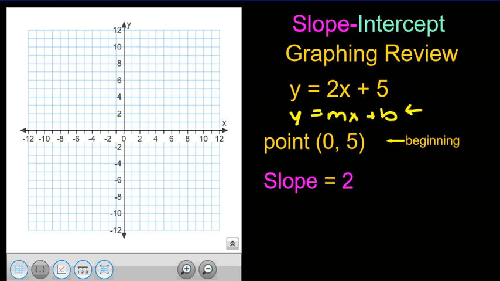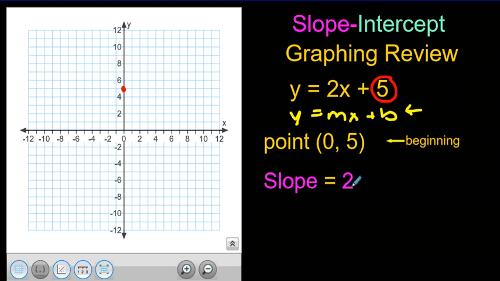So that means that this 5 represents where it's going to cross the y-axis, where this line crosses it. So I'm going to go to 0, 5. Again, it's not going left or right, it's on the y-axis. That's why the x value in your ordered pair is 0 and the y value is 5. So my starting point is 0, 5.